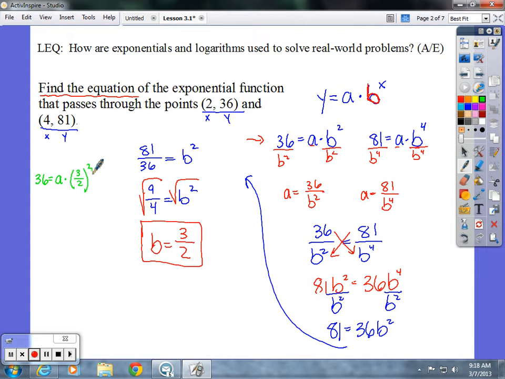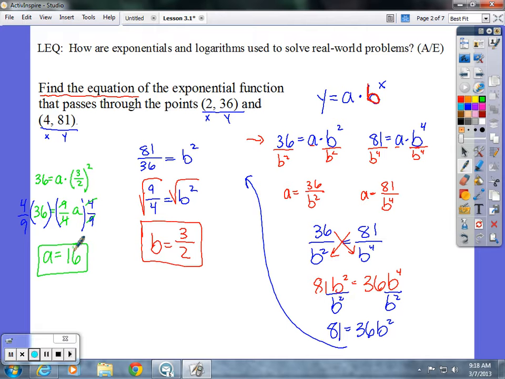And now I want to solve for a. So 36 is going to equal 9/4 a. Instead of dividing by a fraction, I should multiply by its reciprocal. So I'm going to multiply both sides by 4/9. The 4/9 cancels out over here. So I have a equals 36 divided by 9 is 4. 4 times 4 is 16.